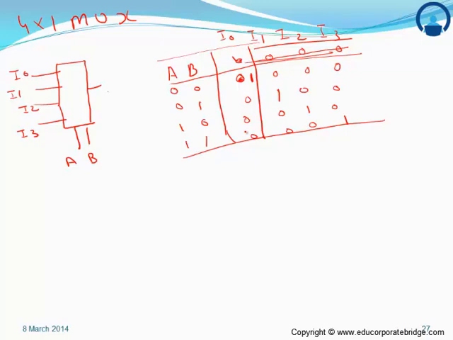So if we take different values of AB like 0 0, 0 1, 1 0, 1 1, we get the output Y as a summation.